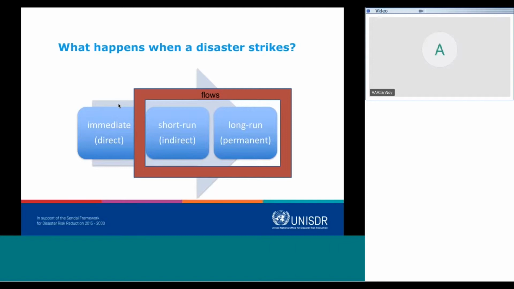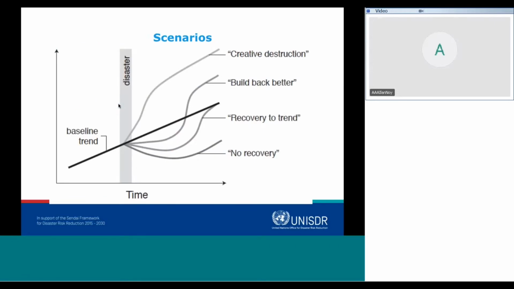When we think of indirect impact, we typically think of scenarios where, if this line is the baseline trend, and then at some point there is a disaster, we typically think of four possible scenarios. Two fairly optimistic ones. One is that the disaster leads to some kind of a better future, what we call creative destruction.